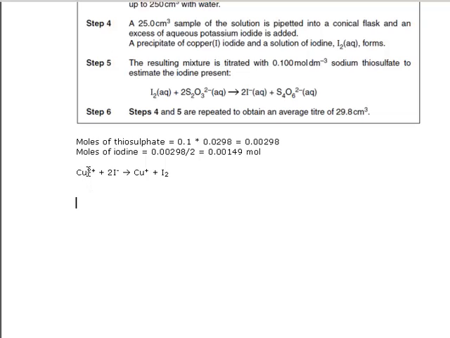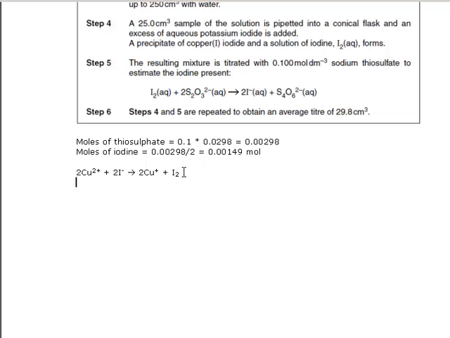The copper changes oxidation state from 2+ to 1+, so it gains 1 electron, whereas the 2 iodides need to lose 2 electrons to get to iodine. So each copper is required to accept an electron. So we need as many coppers as there are iodides, and so it's a 1-to-1 reaction.